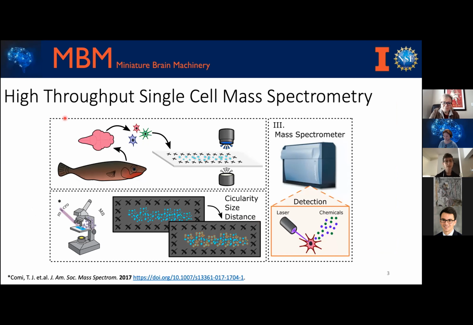Now, how we do this in the Sweedler lab is we isolate our tissue of interest. Usually we use the brain. Currently, we're using the pituitary for these fish, and we enzymatically dissociate thousands of cells, stain them and plate them for fluorescence microscopy.